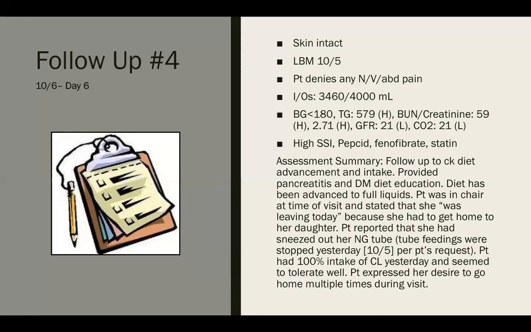We kind of walked through different meals, and she would plan them out based on a 45-gram allowance at each meal. And as far as pancreatitis diet education goes, she understood that pretty well, but she had some misconceptions about that.